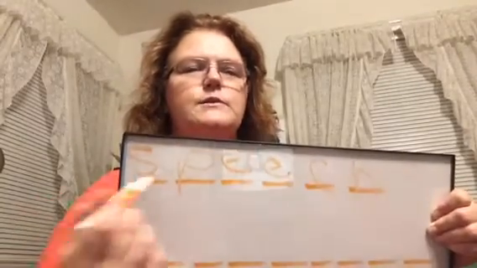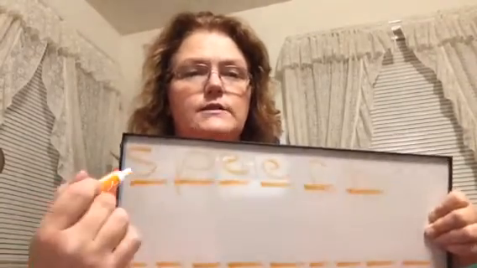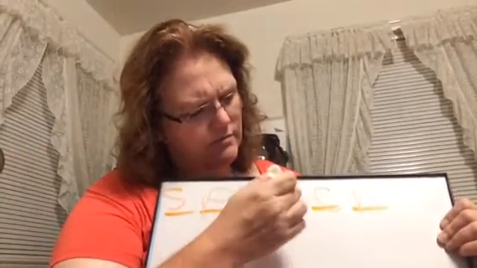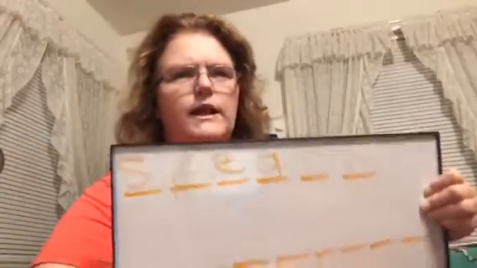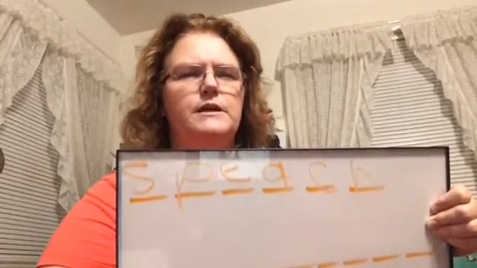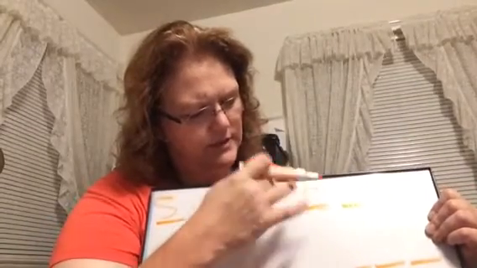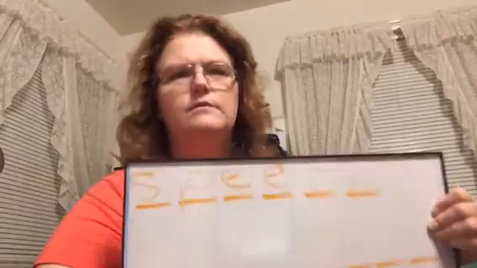So there's the word speech. Does it look right? Yeah. Does it look right if we put the A there? You've read a lot of books. Does that look like the word speech? If it looks a little funny to you, it really is 2 E's. Speech.